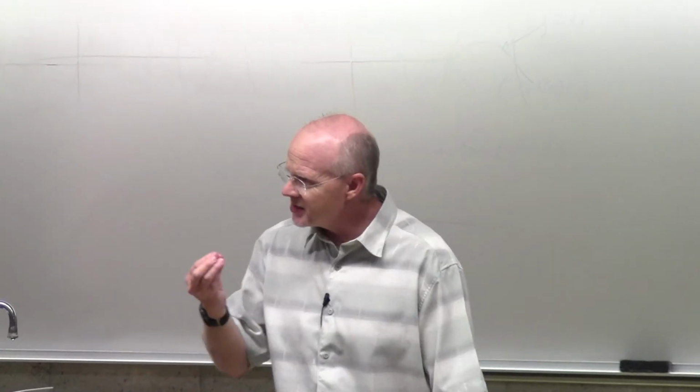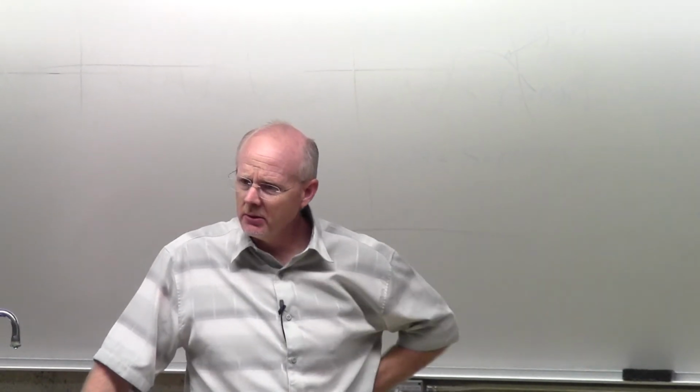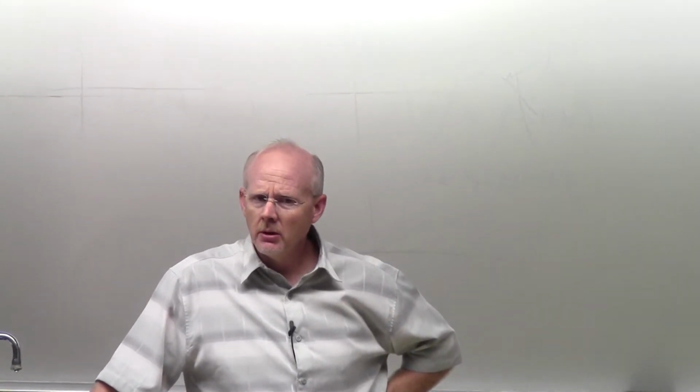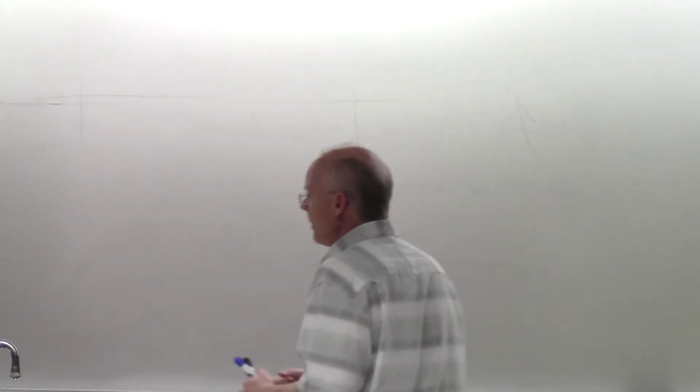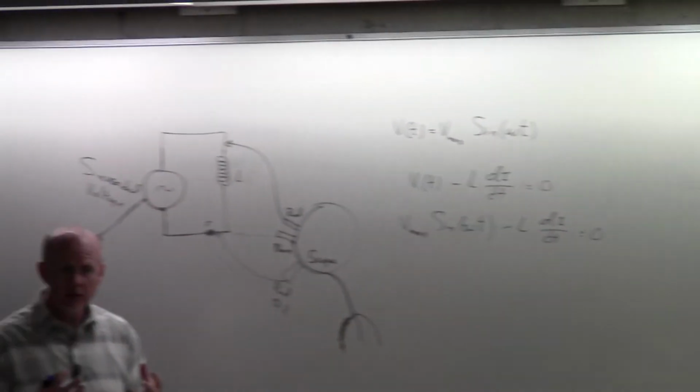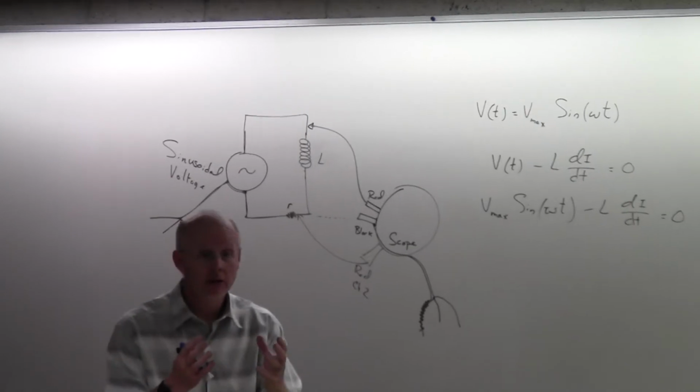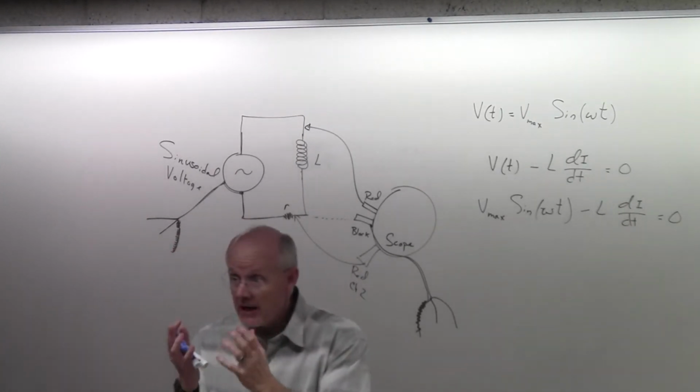Is there anything stopping the current from flowing? I mean, why doesn't the current just be an infinite amount? Would there be anything opposing the current from flowing? Yes, what is it? Yeah, it's Faraday's law here.